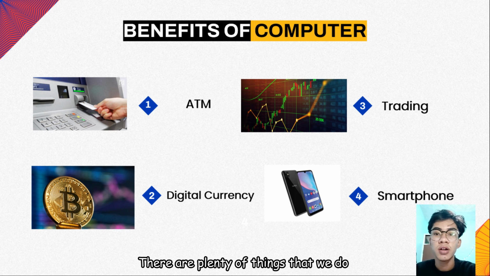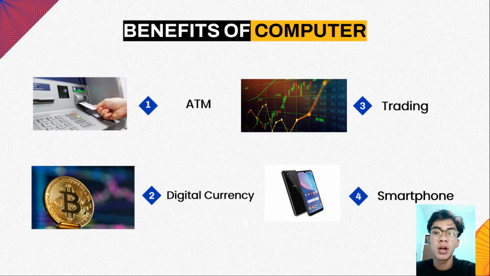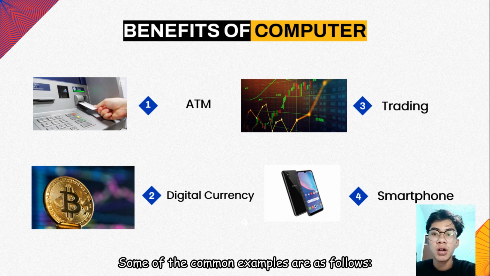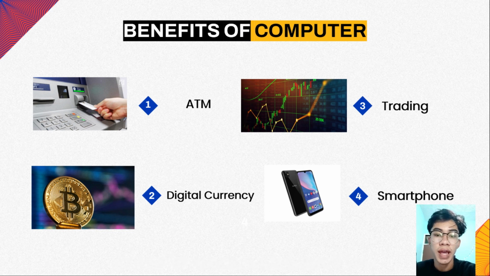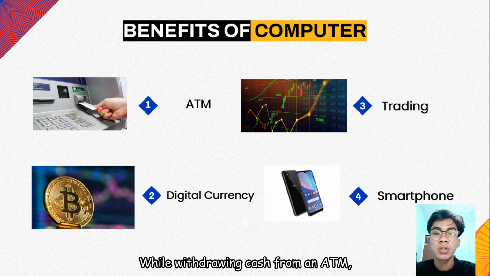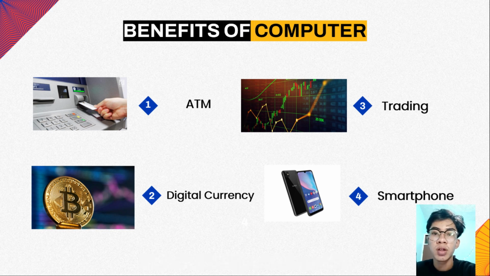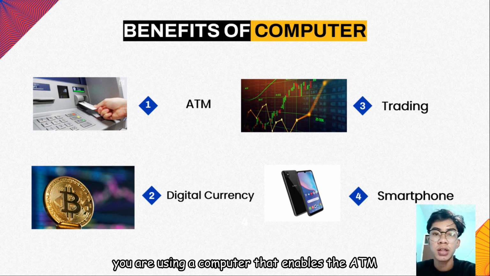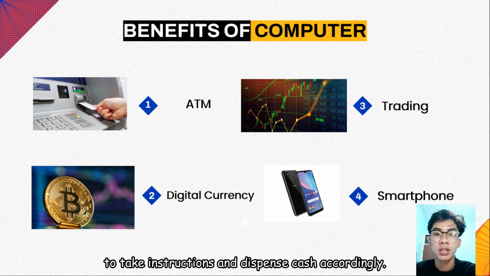There are plenty of things that we do in a day that are dependent on a computer. Some of the common examples are as follows. One, ATM. While withdrawing cash from an ATM, you are using a computer that enables the ATM to take instructions and dispense cash accordingly.